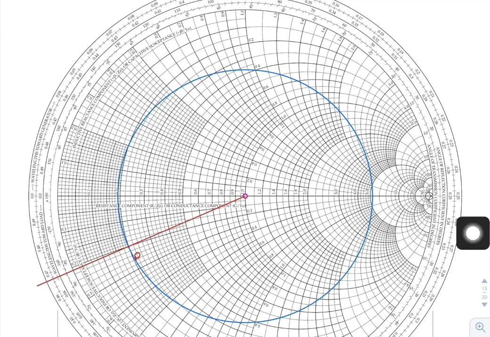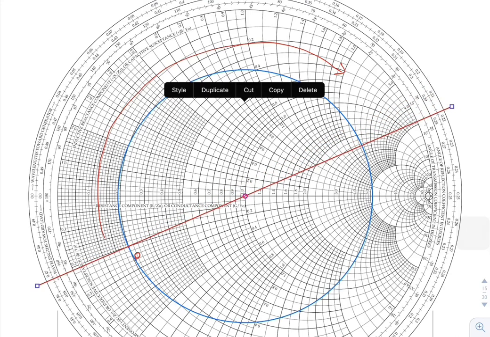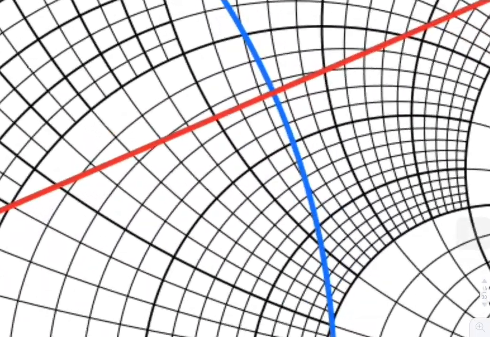Towards the generator means clockwise direction. So 180 degrees means let's extend this line in the other direction. And the point of intersection of these two lines is this point.